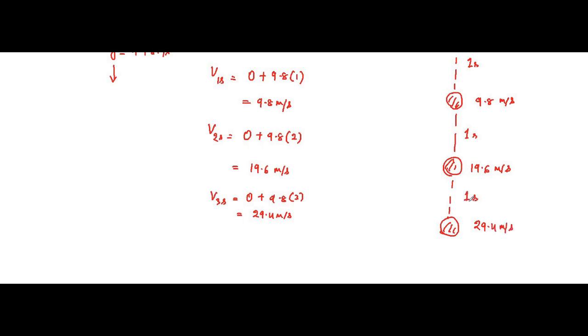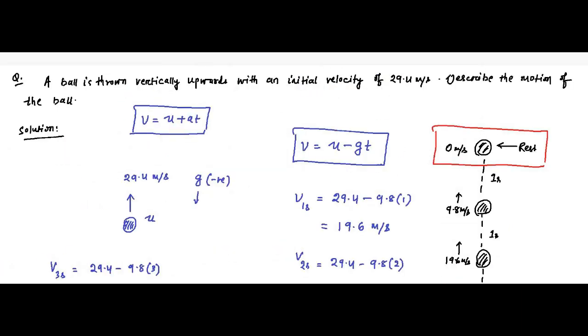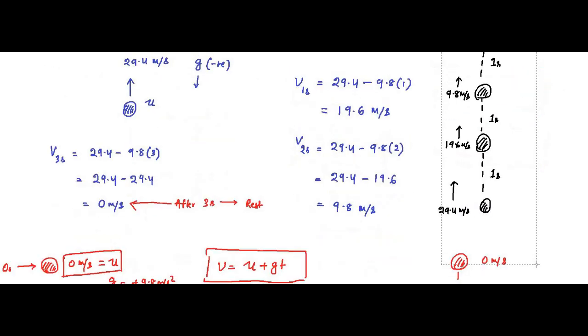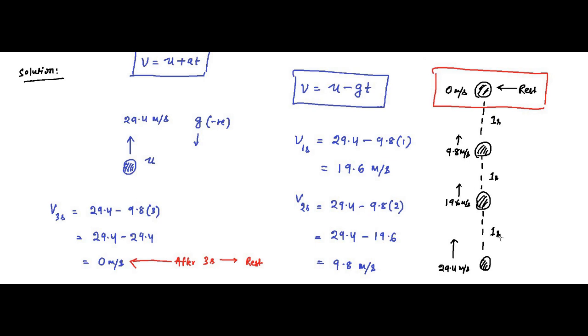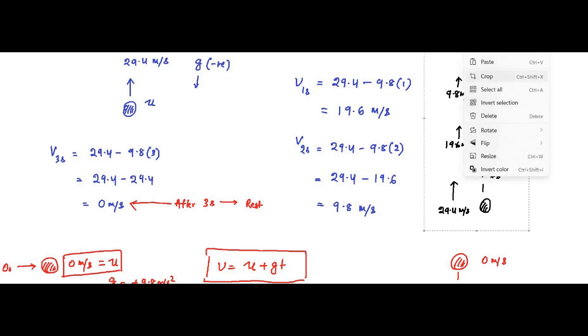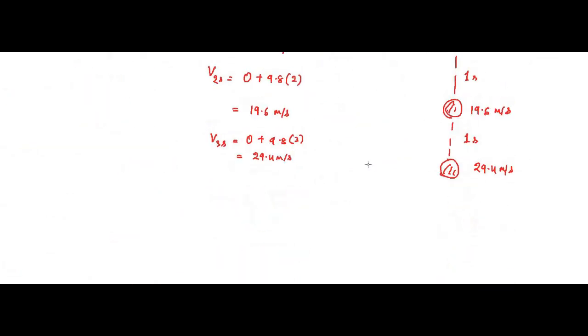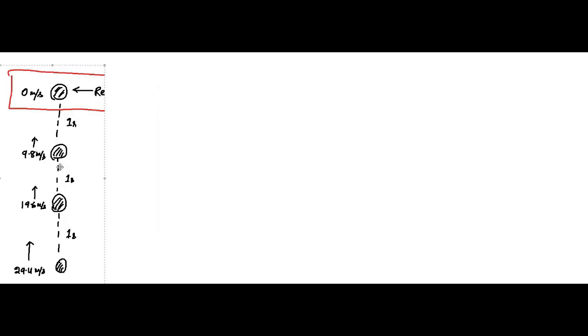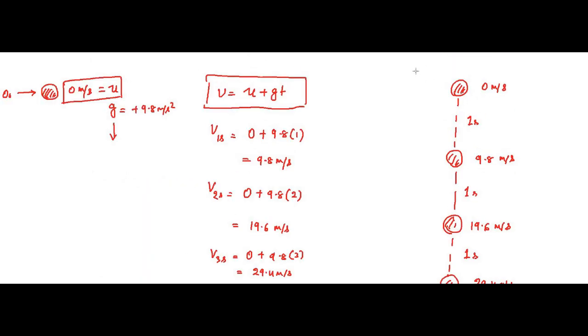So if you compare this with this, the upward journey with the downward journey, if we bring this here, okay, this is the upward journey and this is the downward journey.